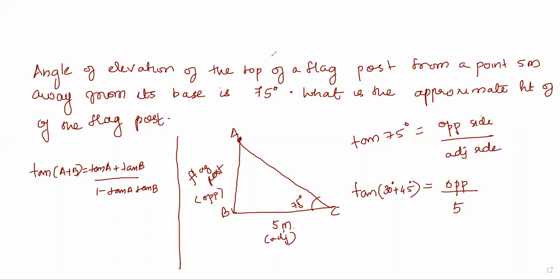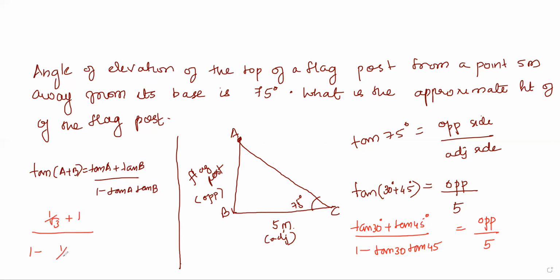Okay. So we have to just apply that here. So it is tan 30 plus tan 45 by 1 minus tan 30 tan 45. That is equal to opposite side by 5. Remaining I am doing here. Tan 30, that is 1 by root 3. Tan 45 is 1. So 1 by root 3 plus 1, by 1 minus 1 by root 3 into 1, isn't it? So that is equal to opposite by 5.